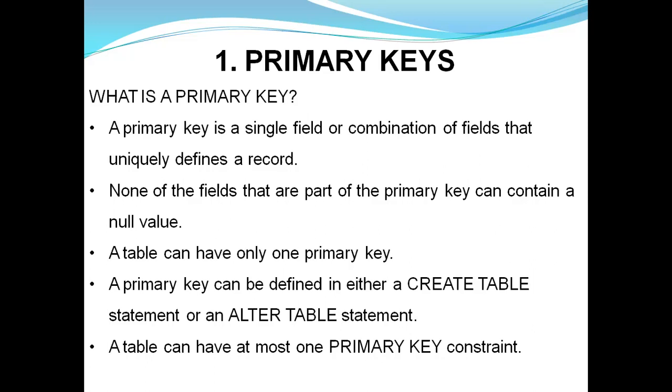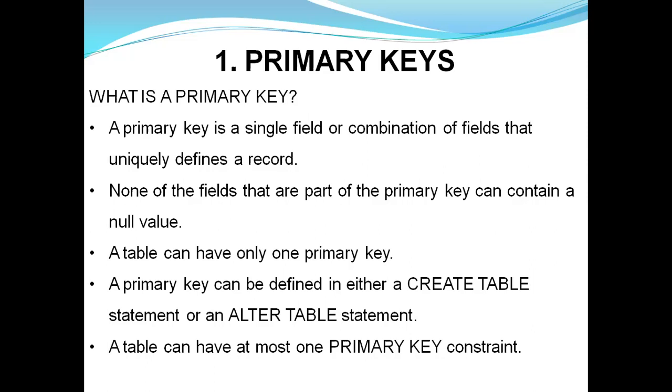Now, this primary key constraint can be applied either while creating a table, so it can be a part of the create table statement, or if we have already created a table, then it will be a part of the alter table statement. Simple and very important thing: a table can have at most one primary key.